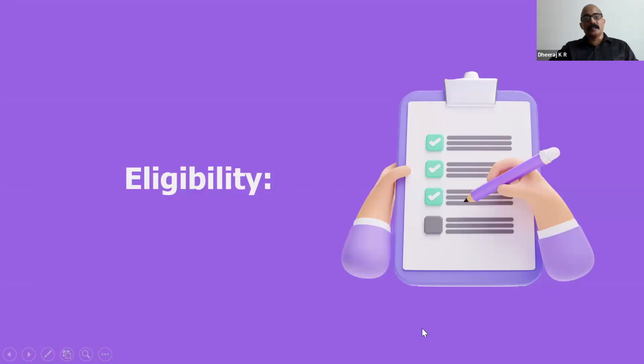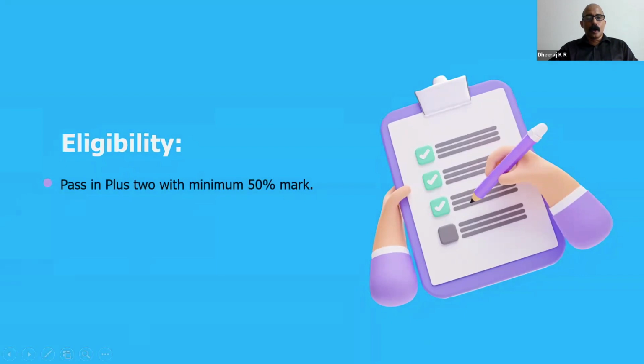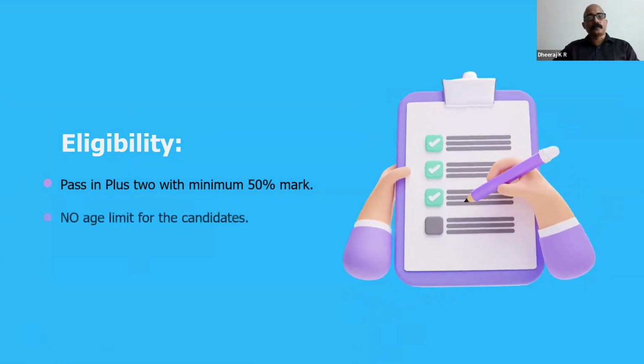Now, what is the eligibility? As I said earlier, only 50% marks in your +2 is enough to write this CUET exam. Okay, there is no age limit. Why? Because there are a lot of students who have gone for medical, engineering and other types of exams, and they have crossed the age prescribed by some of the universities.